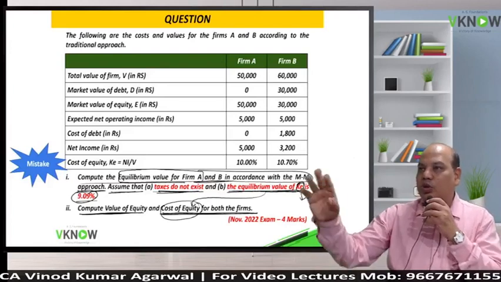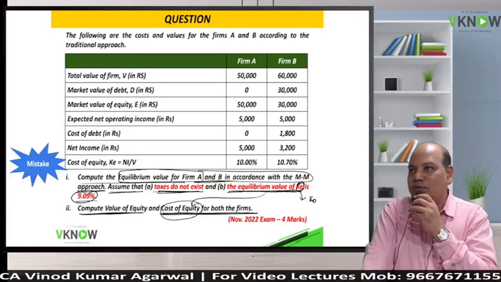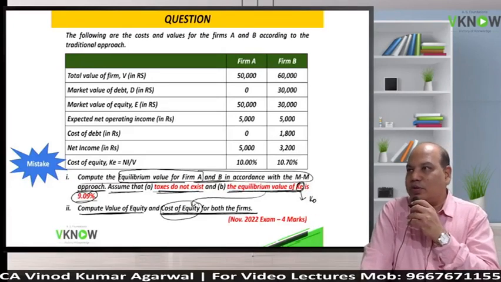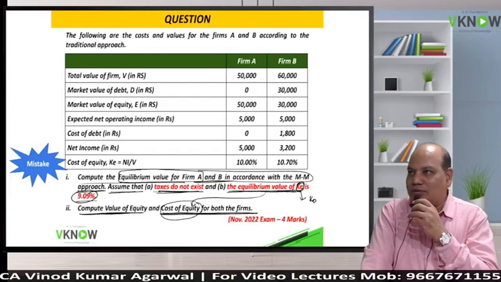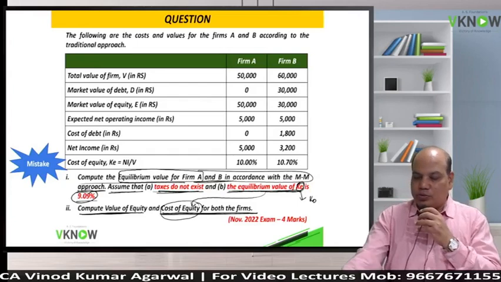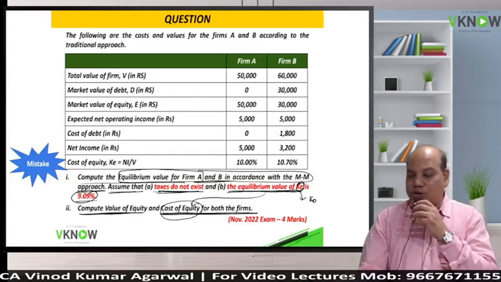That means the overall cost of capital is KO. Then we can do reverse working and find out first the value of firm minus value of equity. Then you will be able to compute the cost of equity.